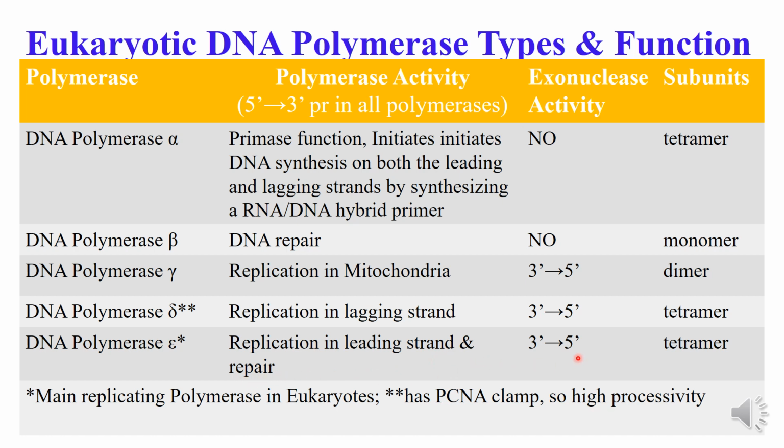It has 3' to 5' exonuclease activity. It is tetrameric. The DNA polymerase epsilon is the main replicating polymerase in eukaryotes, whereas DNA polymerase delta has PCNA clamp, so it has high processivity. What is processivity? We will discuss shortly.